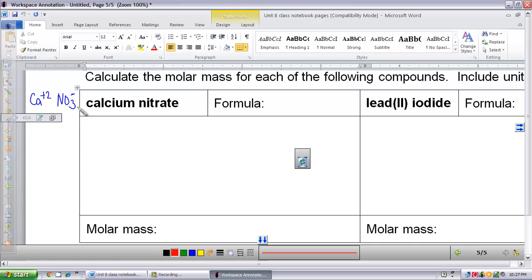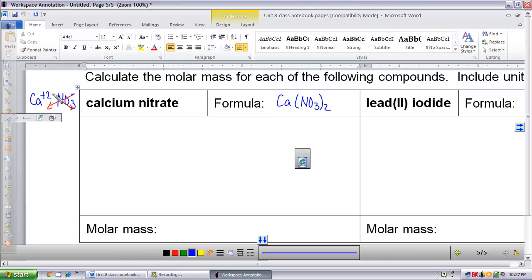When you put them together, you're going to crisscross and drop, and your resulting compound will have 1 calcium and 2 nitrate ions. The reason for that is because each nitrate is going to take an electron, but calcium has to give away 2 electrons.